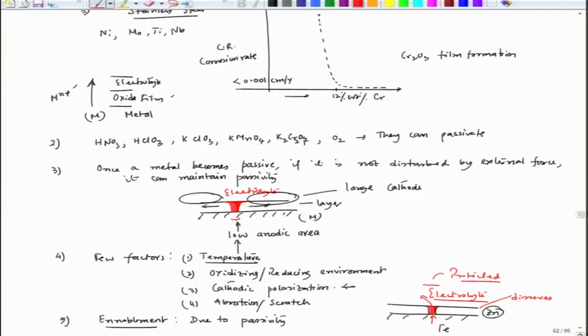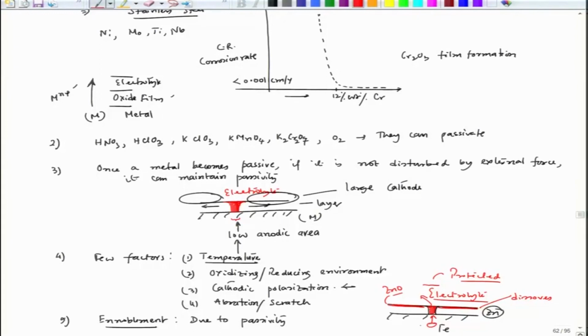But at a higher temperature, around 70 degrees Celsius, once the zinc forms oxide, this layer is forming zinc oxide. Then zinc oxide becomes cathodic to this small segment. So, the polarity reverses.